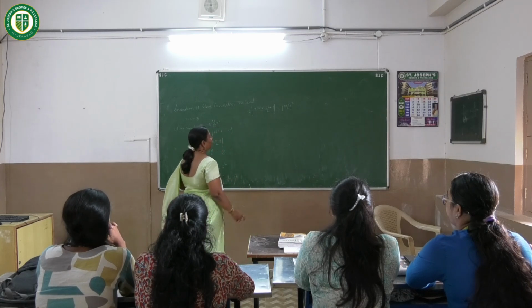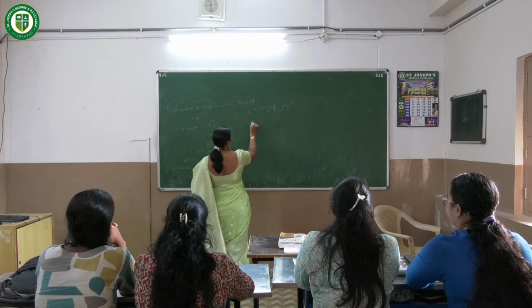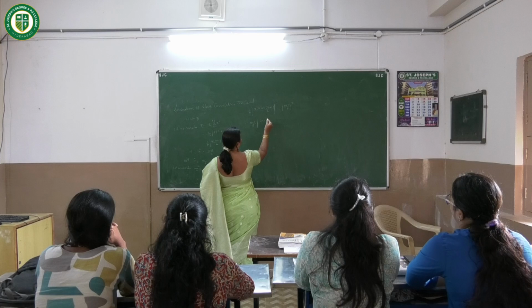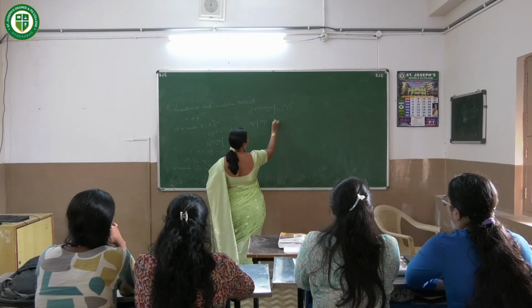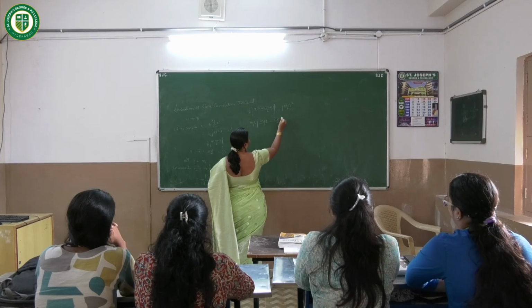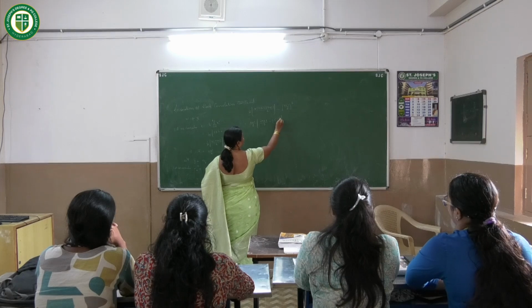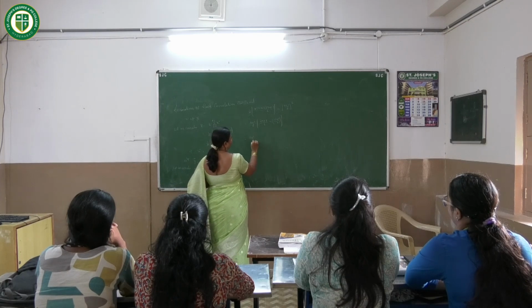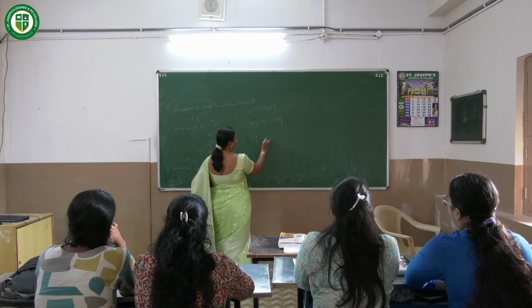Take n plus 1 by 2 common. Then you will get 2n plus 1 by 3 minus n plus 1 by 2, which is equal to n plus 1 by 2. Take LCM, LCM is 6.